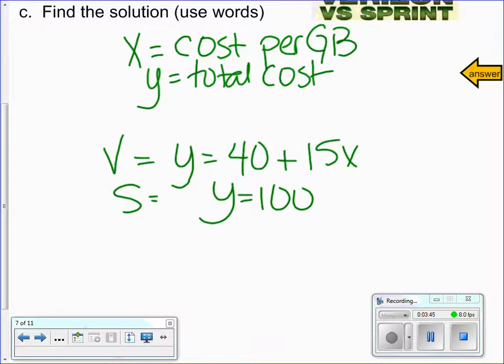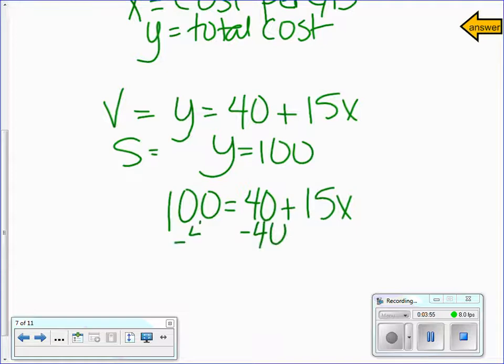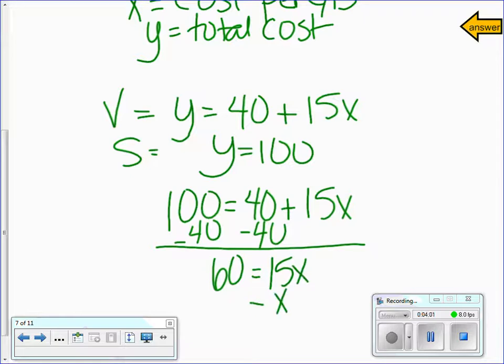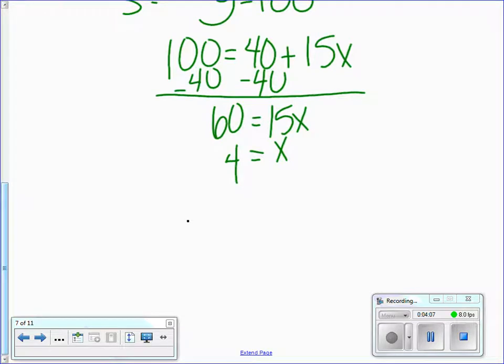So substitute. They both equal y, so we'll make them equal each other. 100 equals 40 plus 15x. Subtract 40 from both sides. 60 equals 15x, so x is equal to 4. Plug it back in. We'll use the Verizon equation.